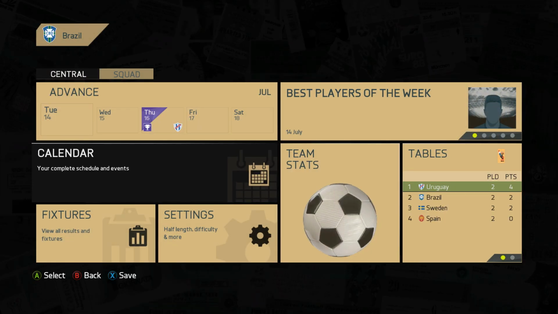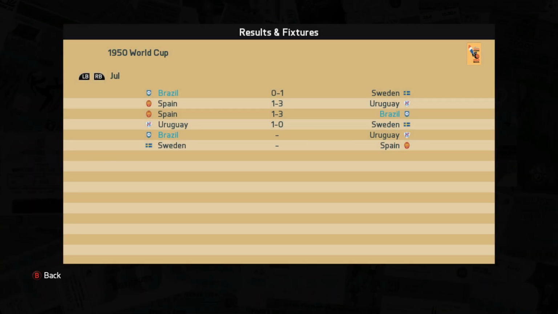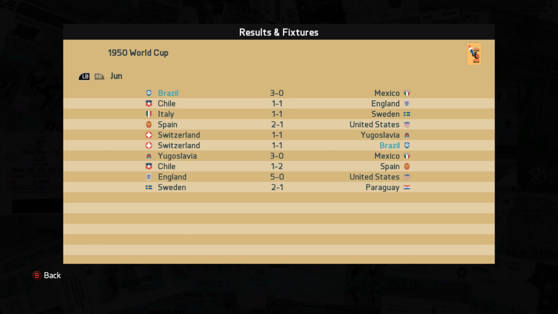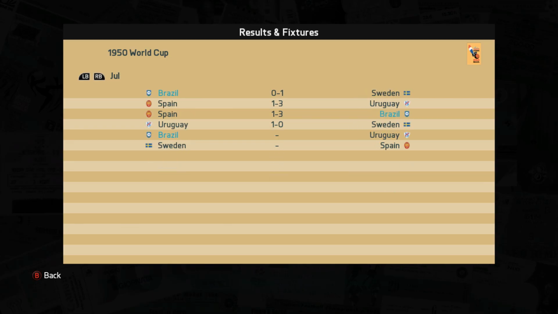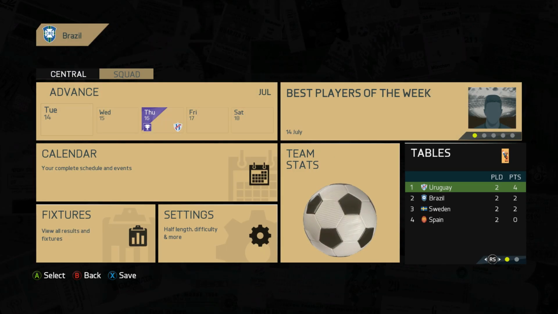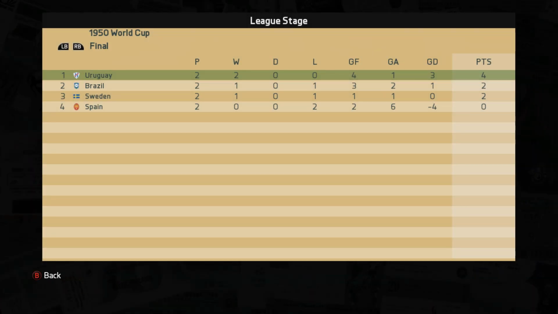So if you look at the fixtures, there's 2 fixtures left. On this screen here, there's 2 fixtures left. So that's going to be Brazil against Uruguay, first against second in the table.